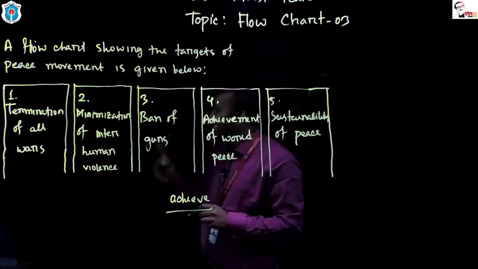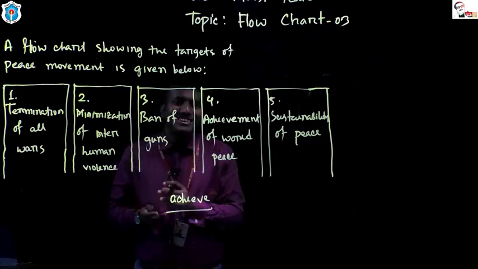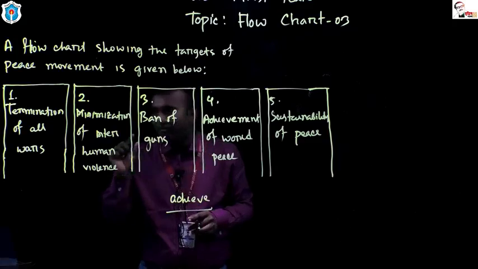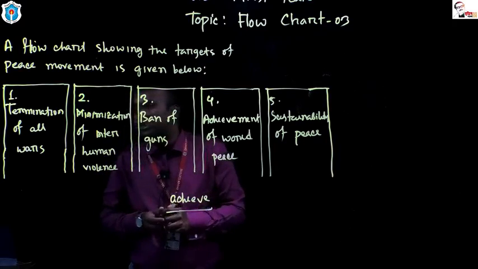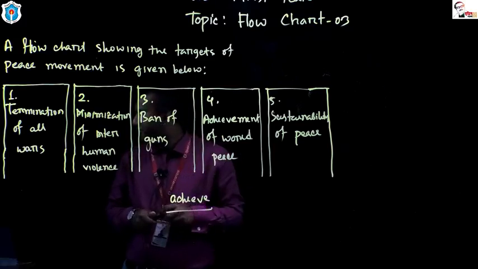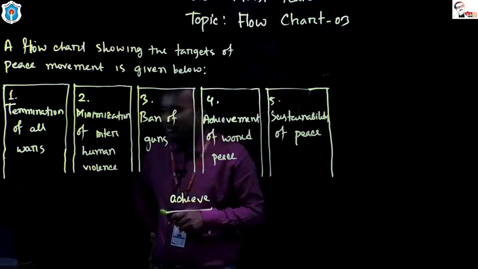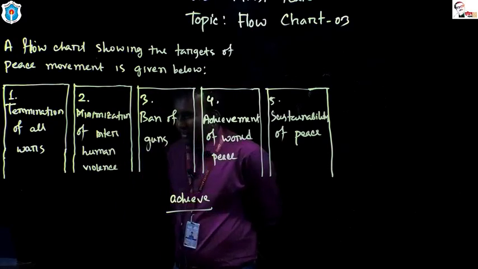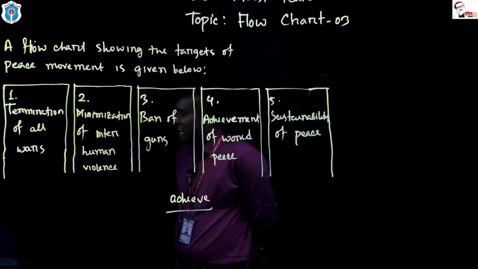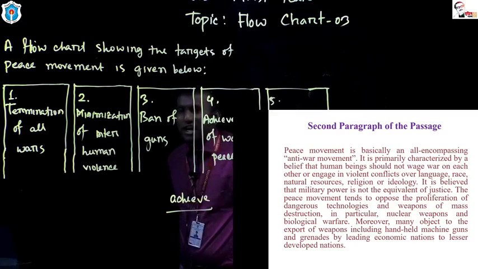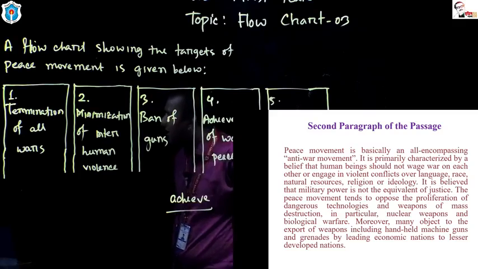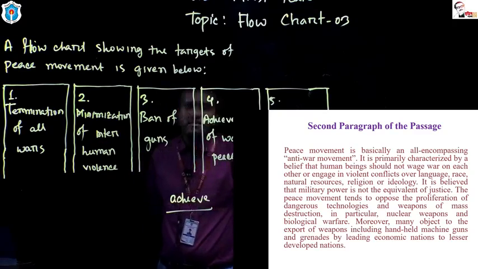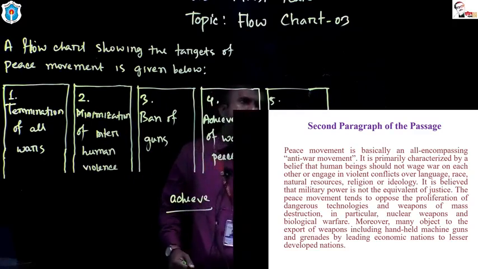There is one answer left, and this answer is not given in the first slide, first paragraph. Now we are going to the second paragraph. Now try to find out another objective of peace movement from the second paragraph. Who can give me the sixth answer?